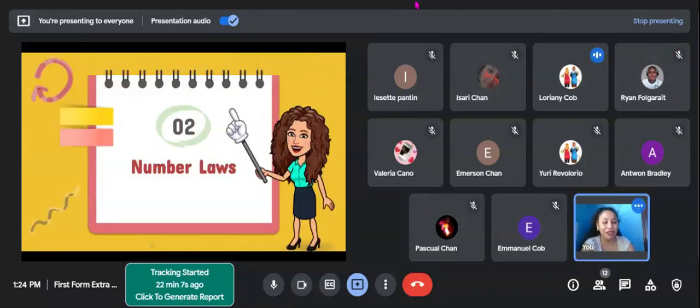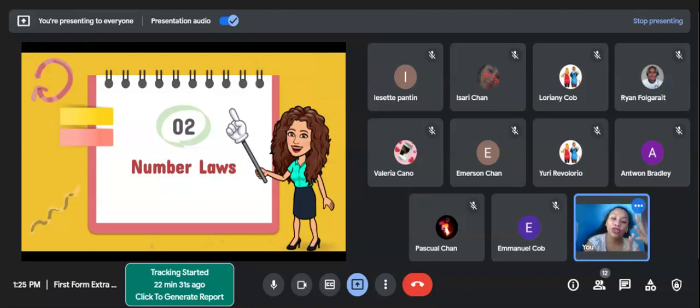Yes, miss. Very good. So now we talked about 6 properties: identity for addition, identity for multiplication, inverse for addition, inverse for multiplication, multiplying by 0, and dividing by 0.